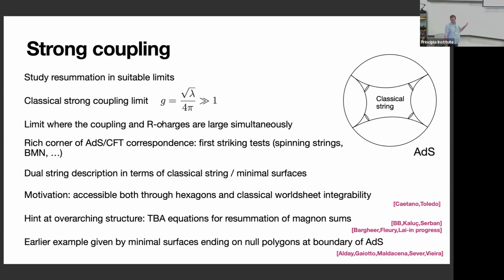And the bottom line of all of this is that we will be finding some TBA equations which we can eventually compare and which are also generalizing what has been observed directly on the string theory side, notably by Cavaglià and Toledo a few years ago. And I should say that the story is also very reminiscent of what has been done for the null polygonal Wilson loop, or the scattering amplitude problem, if you prefer, by Pedro and collaborators many years ago.